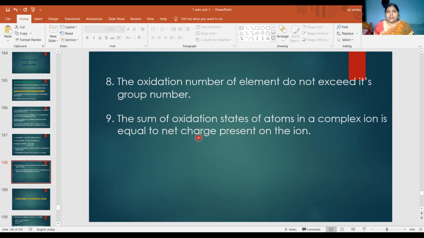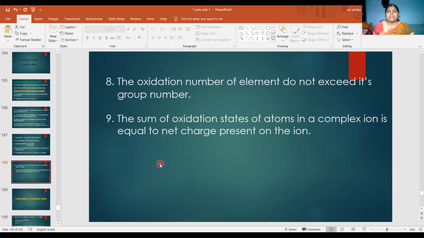A simple ion means one atom with a charge. A complex ion is where two or more atoms combine and an overall charge is present on them. In complex ions, we sum up the oxidation states of all atoms, and that will be equal to the net charge, meaning the total charge present.